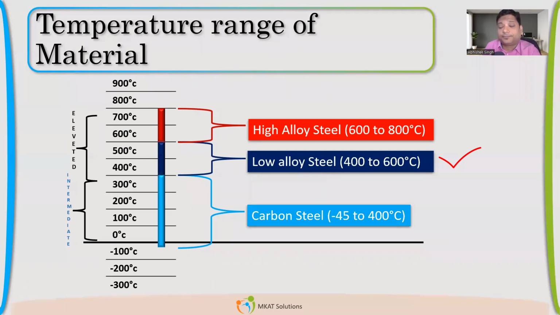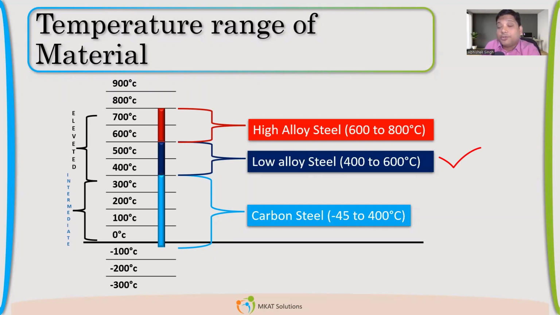That is the most widely used application for low alloy steel, chrome moly steel. They are really good for high temperature. Creep is still there, but very little compared to low carbon steel. So they are very much in use between 400 and 600.